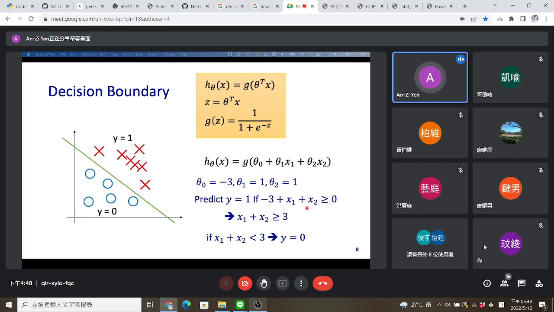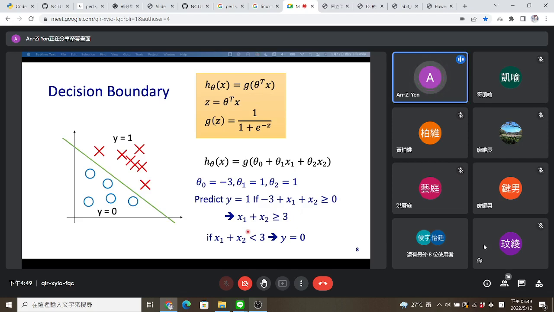So for example, if the example makes this equation greater or equal to 0, our hypothesis will think that y equals 1.